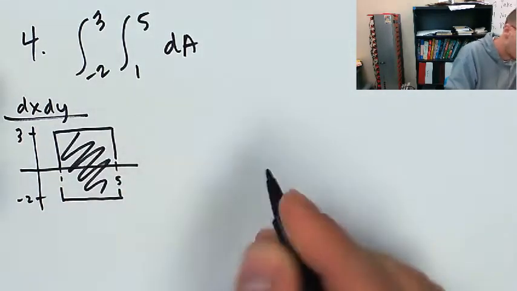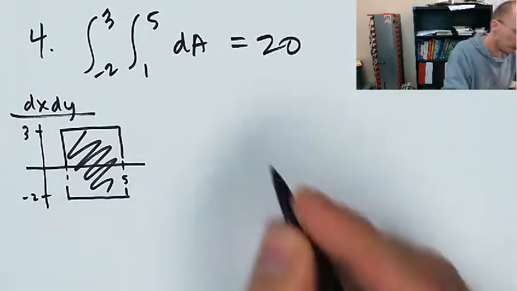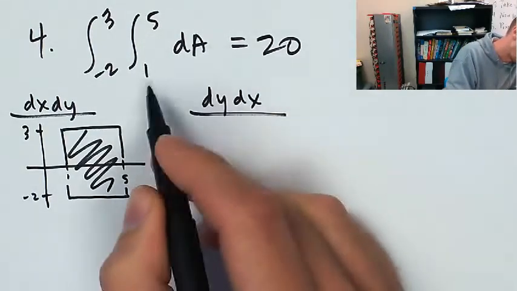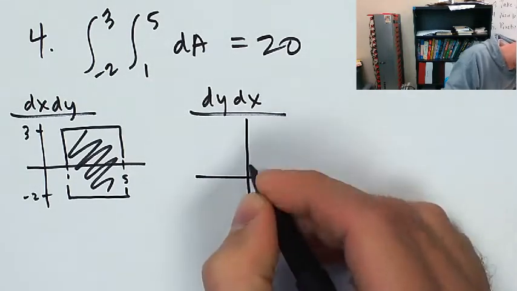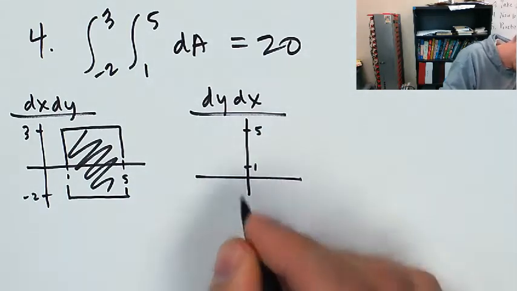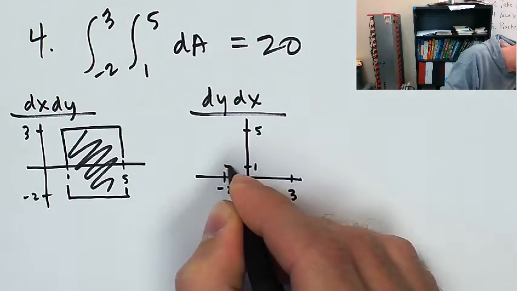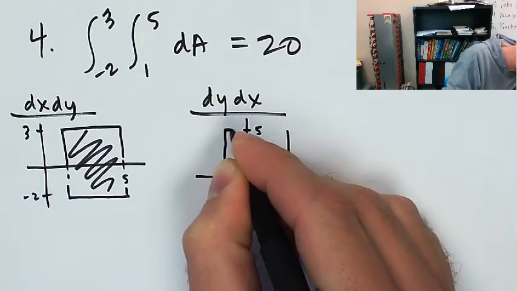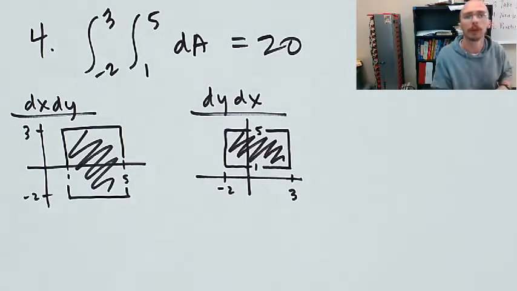So that area, or that integral that it is representing, is going to be 20. Maybe you didn't believe me. If you did the dy dx order, then y would be running from 1 to 5 and x would be going from -2 up to 3. So it would look a little more like that. Either way, one of the lengths is going to be 4 and the other one's going to be 5, and we're going to have 20 units of area there.